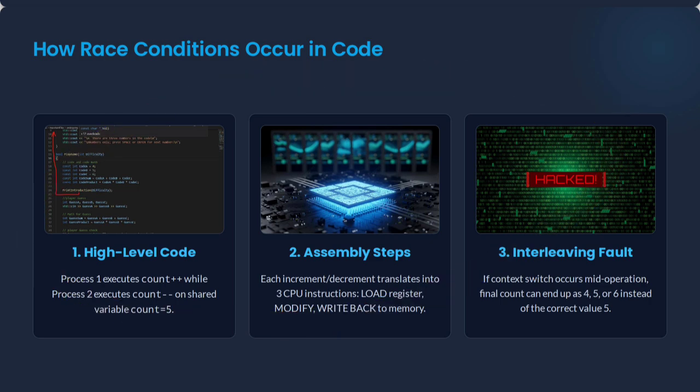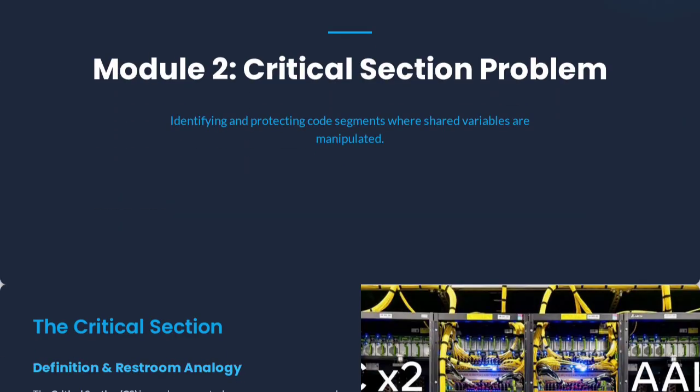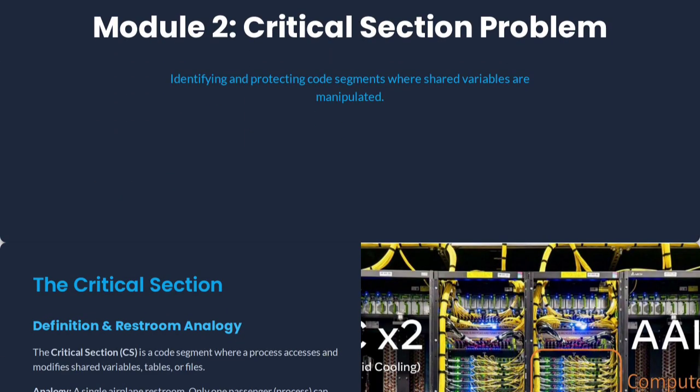Next, the critical section problem. A critical section is a region of program code where a process accesses a shared resource such as shared memory, shared variables, files, or a hardware device.